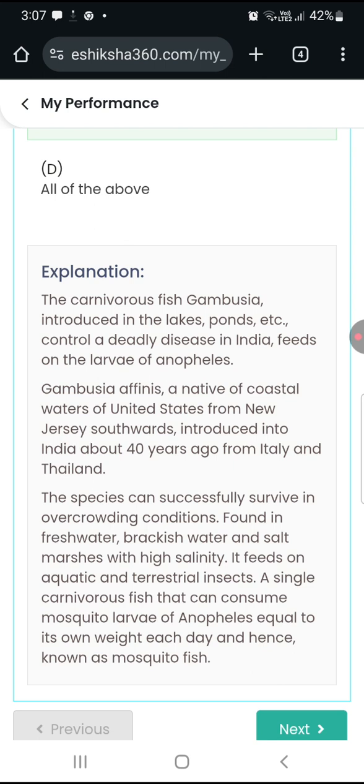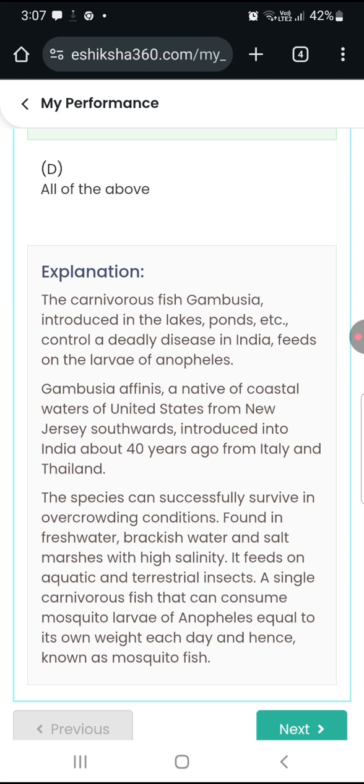affinis, a native of coastal waters of the United States from New Jersey southwards, was introduced into India about 40 years ago from Italy and Thailand. These species can successfully survive in overcrowded conditions found in fresh water, brackish water, and salt marshes with high salinity.